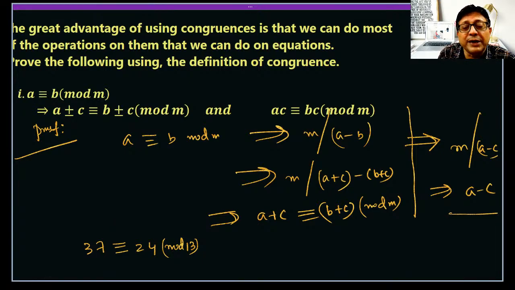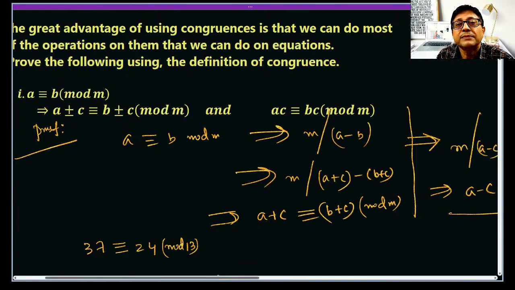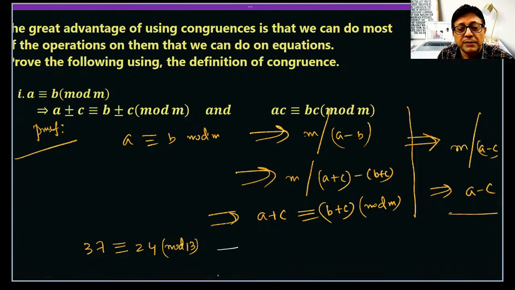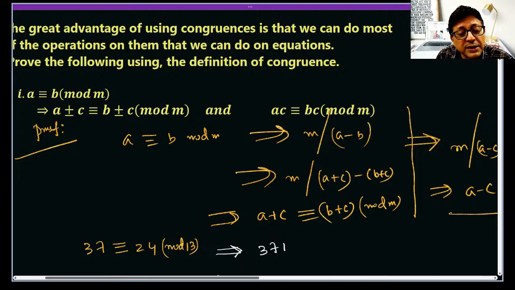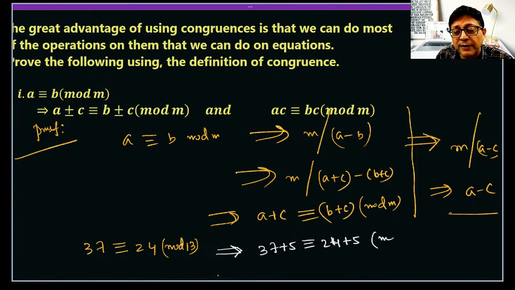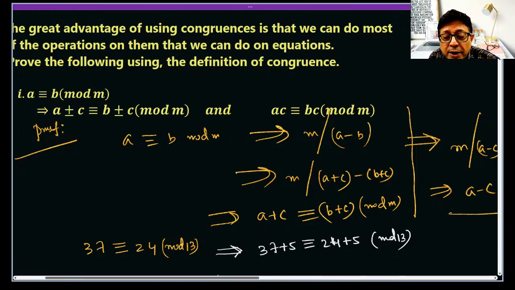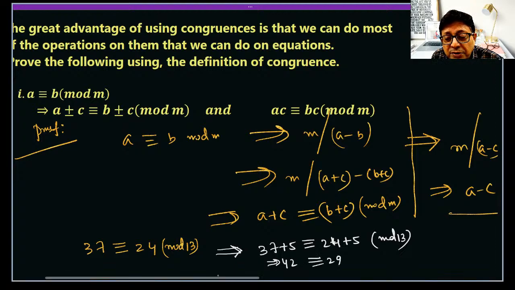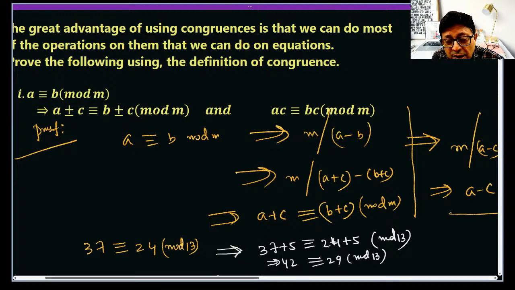Now if we add, say, 5 on both sides, 37 plus 5 is also congruent with 24 plus 5 mod 13. Why? Because 37 plus 5 is 42 and this one is 29. So their difference is divisible by 13. Check once: 42 minus 29 is 13 only.